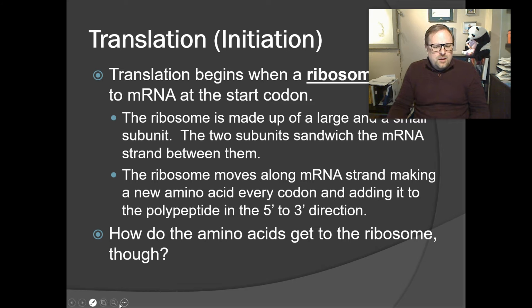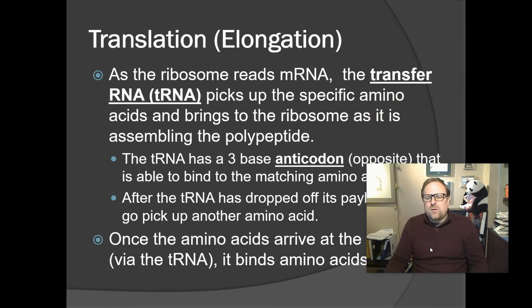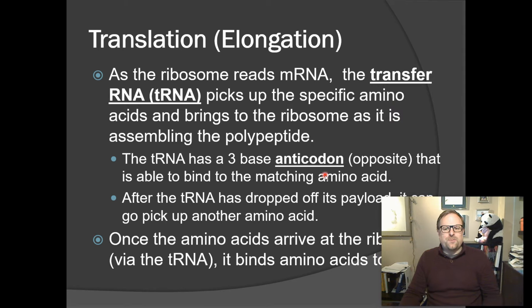But how do the amino acids get to the ribosome? This is where we introduce another kind of RNA called transfer RNA. Now we're moving into elongation. Floating around in the cytoplasm are little transfer RNA molecules, tRNA, and they pick up specific amino acids.